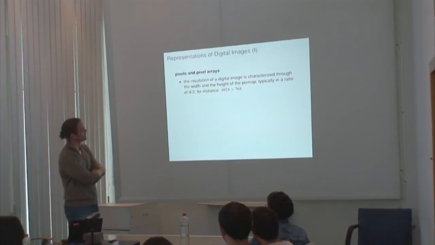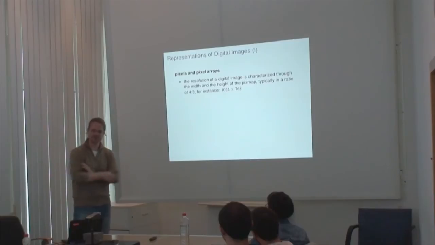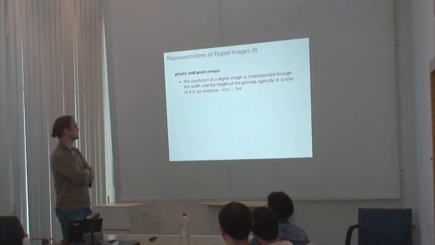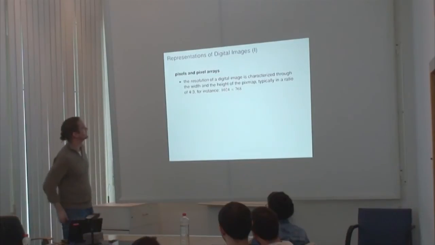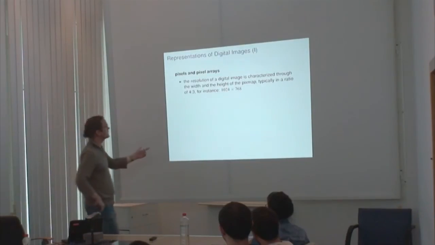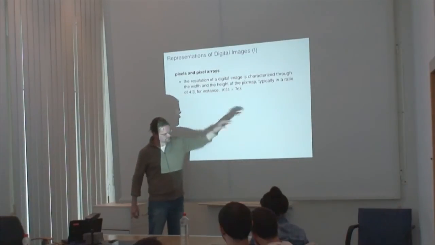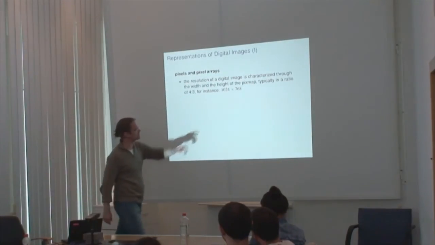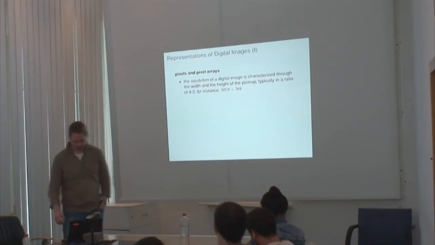Back in the day, 1024 times 768 was a fairly okay resolution. We have to multiply these things by, I don't know, 4 by now. Here you see the number of elements along the X direction and the number of elements along the Y direction, in a ratio of 4 to 3.